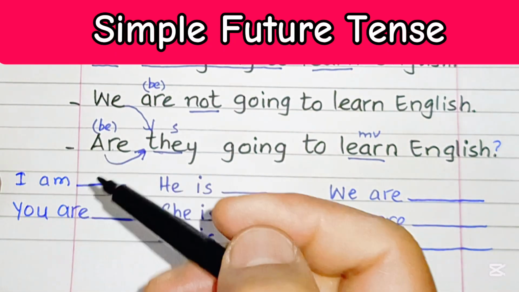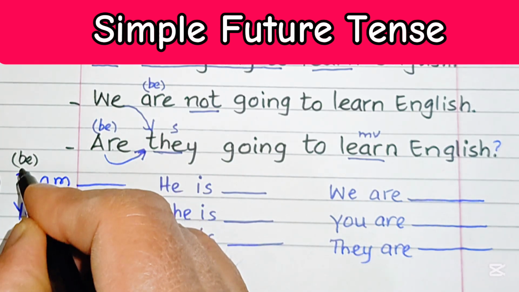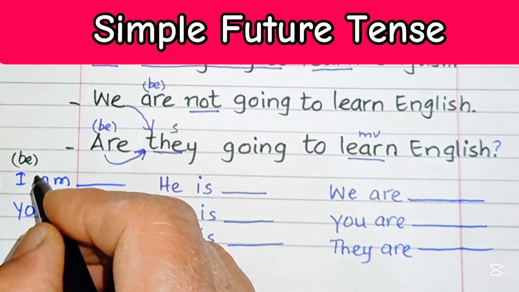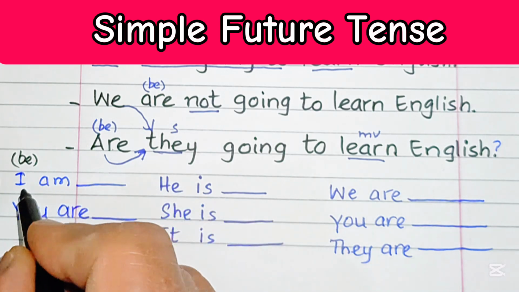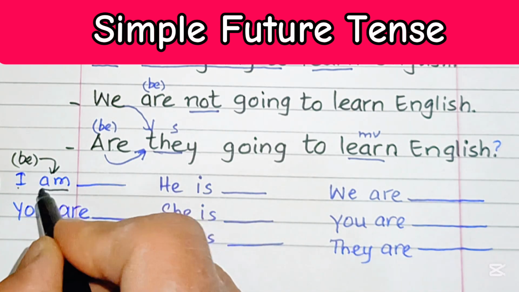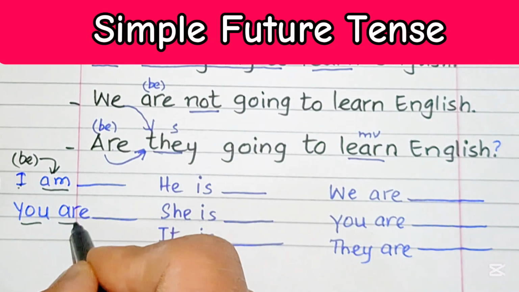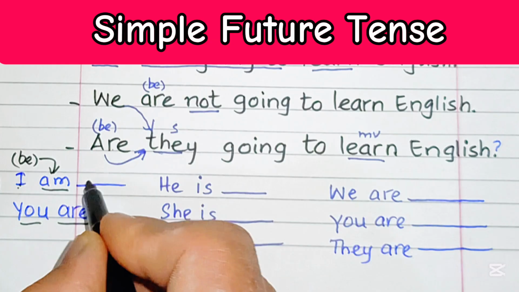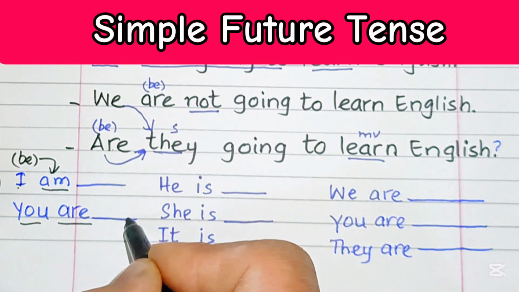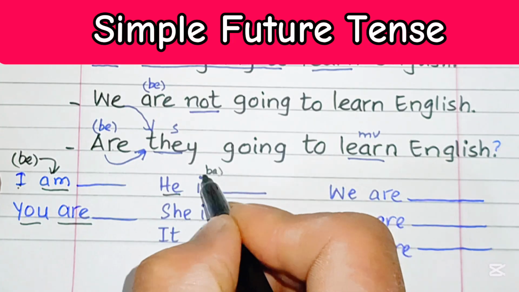Remember that the verb be changes according to the subject. So this verb be is going to change according to the subject. I am. You are. I am going to. You are going to. He is. So this is also the verb be.